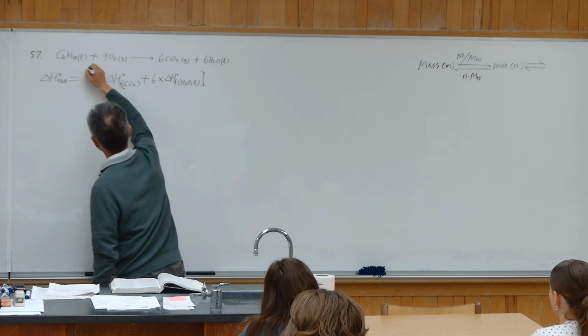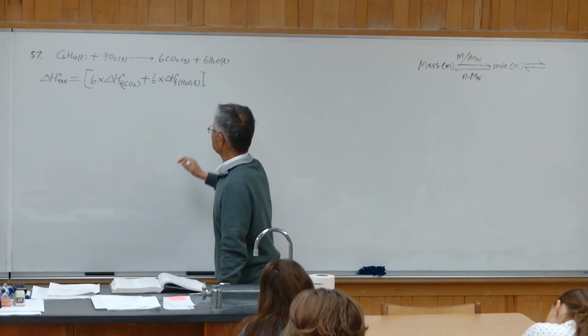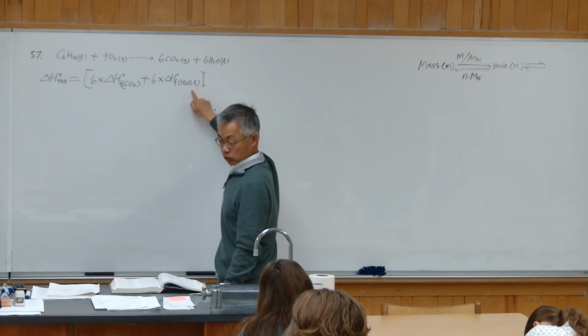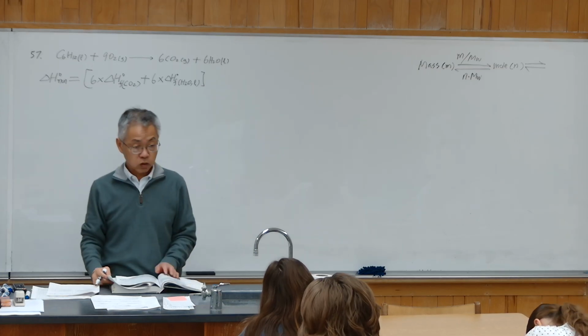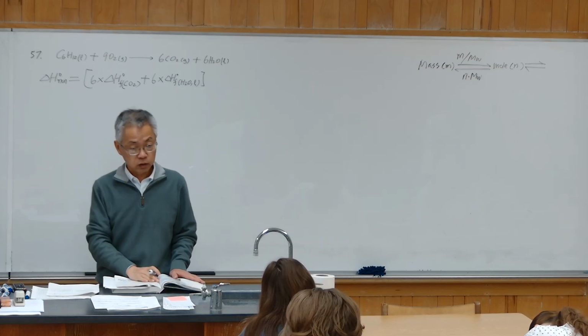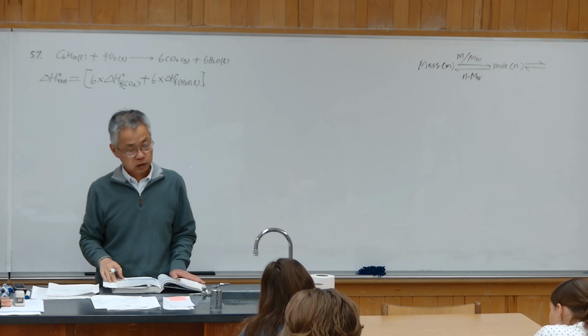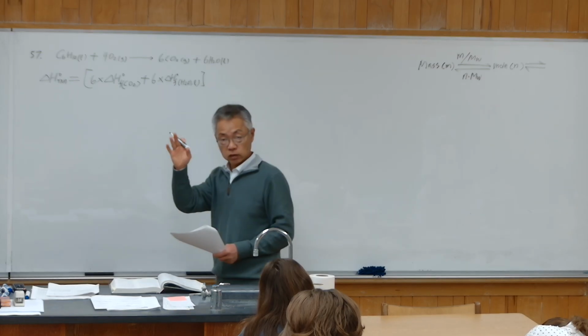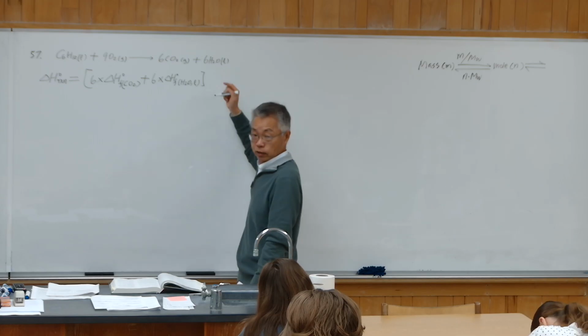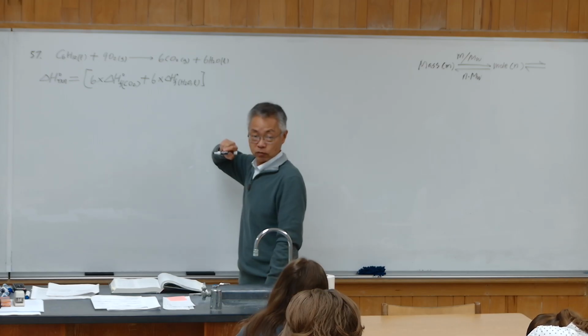Be careful, this water is liquid. You need to label it because table 6.4 lists two different types of water, one liquid, one gas. They have different values. So when you look at the table, be careful. This is liquid water. Don't use the value from gas water.